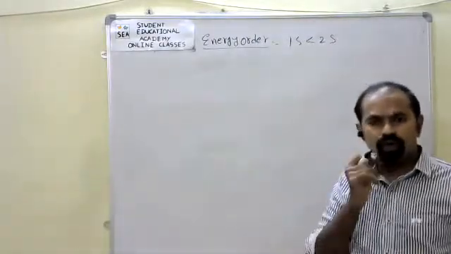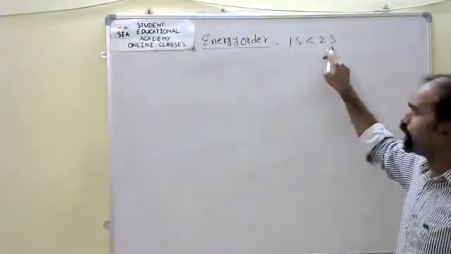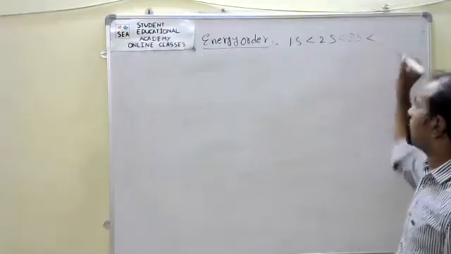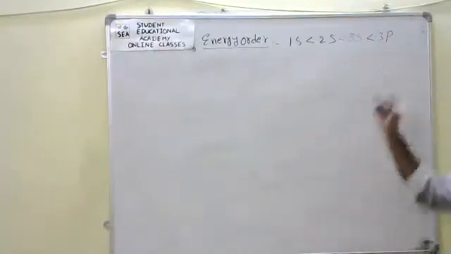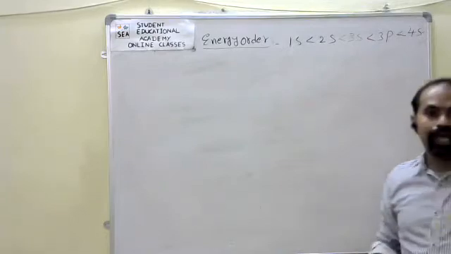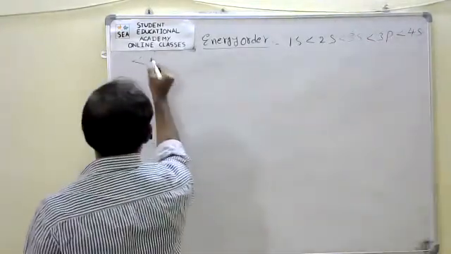Out of the orbitals, lowest energy belongs to 1s, followed by 2s, followed by 3s, followed by 3p, followed by 4s, followed by 3d.